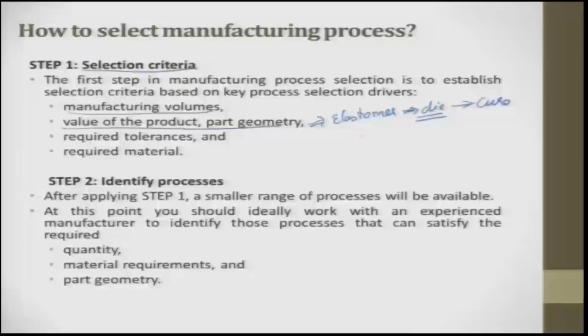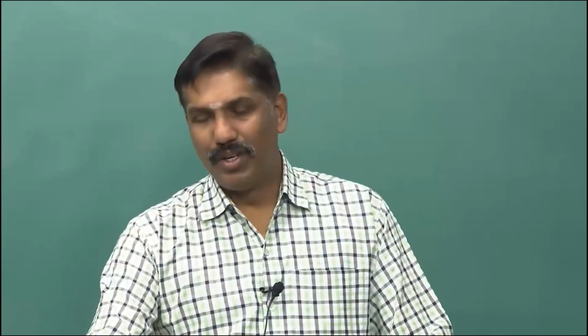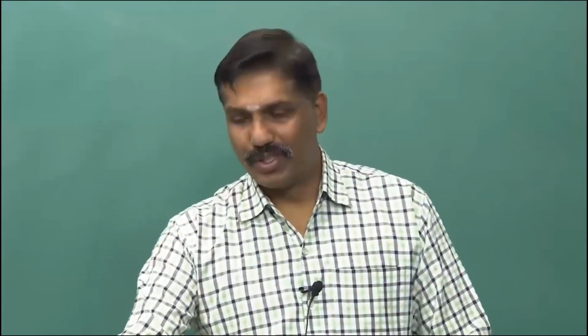The value of the product is also very important. The value of the product is the performance. For example, if you want a single piece, okay, single piece to be done, or a single shaft to be done. So, then what happens? You try to do it by casting, and when you want to do 10, you try to do it by machining, and when you want to do it by 1000, you do it by metal forming operations.